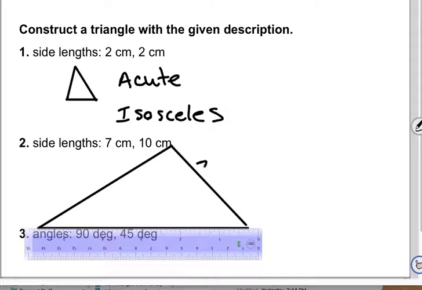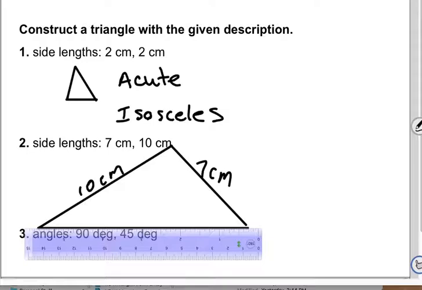This one's 7? And where is the 10? This one's 10? Okay. Everybody should have a 10 centimeter and a 7 centimeter side. Making sure when you're using your ruler that you don't start at the end of the ruler, that you start where the 0 is.